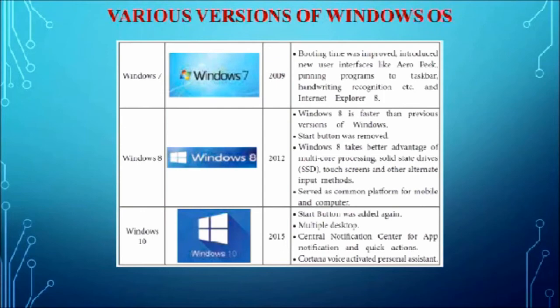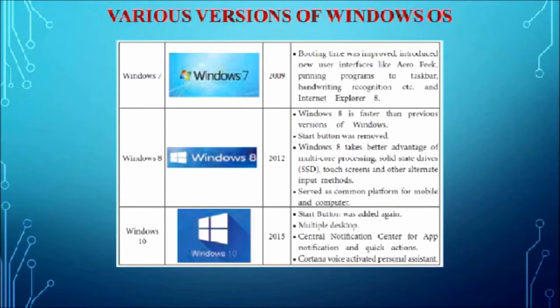The specific feature of this operating system is that booting time has been improved, which makes your computer boot fast, and it introduced new interface features like Aero Peek, pinning programs to the taskbar, handwriting recognition, etc. And Internet Explorer 8 was introduced in this Windows 7.